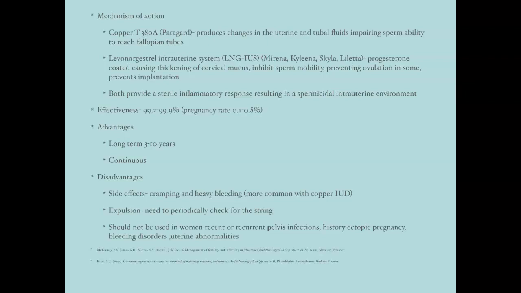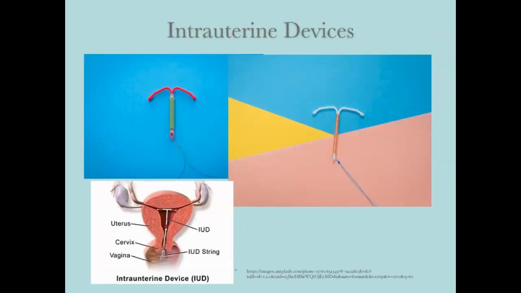Again, the provider has to place it, so it's certainly an office visit and some expense right off the bat up front. Expulsion could be a problem, so there's a need to periodically check for the string. Typically, when we go back to the previous slide that has the IUD and the little string, you can see the string that's outside of the cervix in the vagina.